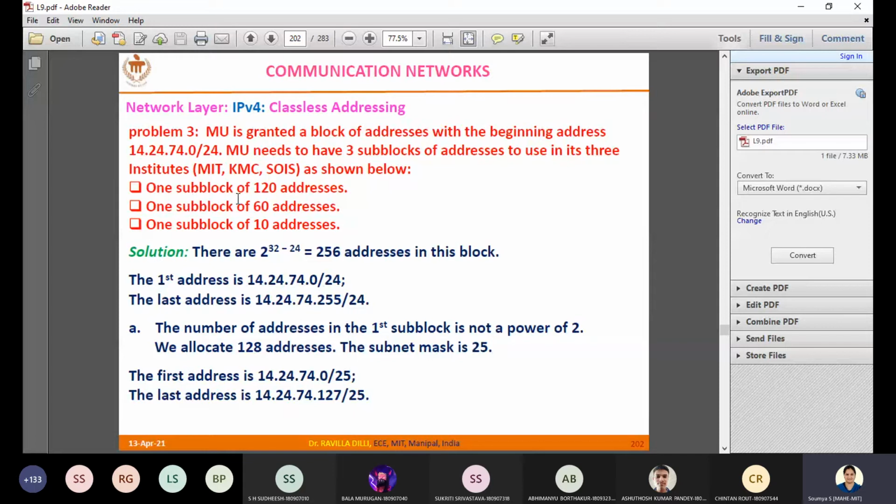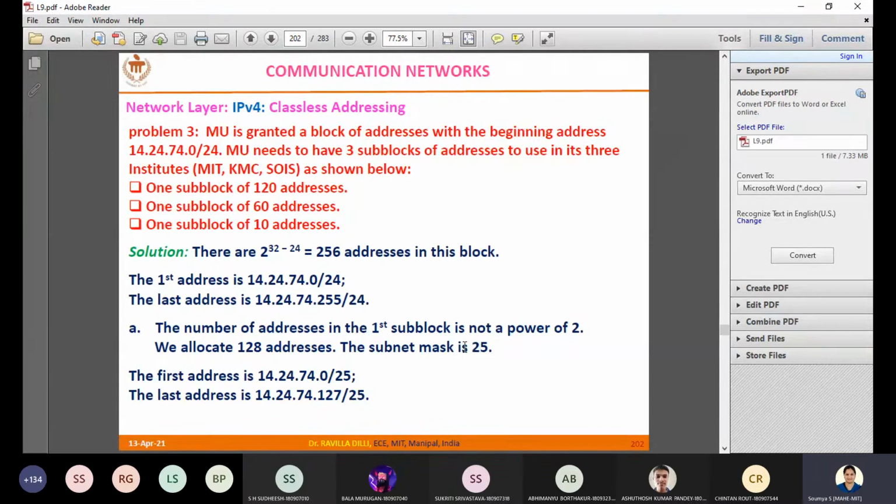Now, what do you allocate to the first subblock? You cannot allocate 120. Instead, you are going to allocate 128. Now, in order to allocate 128 addresses, what will be the subnet mask? It's going to be 25, isn't it? So that means what will be the first address?